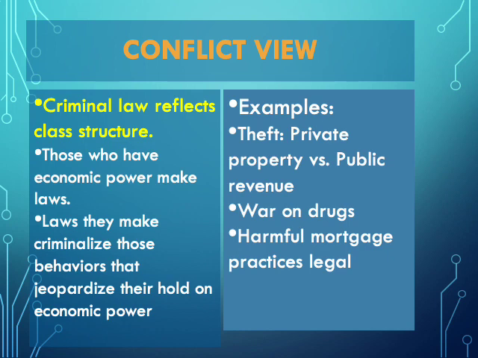But when you look at the theft of public revenue, from the conflict view's perspective, oftentimes it is not even regarded as theft. So, for example, public revenue would be tax revenue, the revenue that we're supposed to collect based on our income and other assets that we might have.